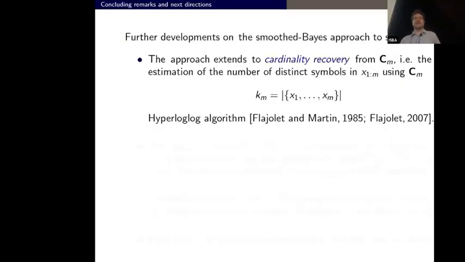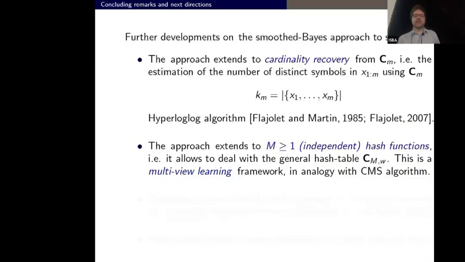I observe the sketch and I want to estimate how many distinct symbols there are. The classical algorithm in computer science is HyperLogLog by Philippe Flajolet, and it's a benchmark algorithm. With our approach, we can apply this smoothed Bayes also to recover the cardinality, which is an important problem.